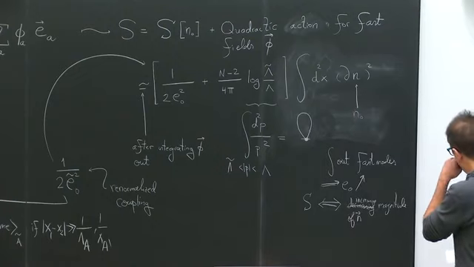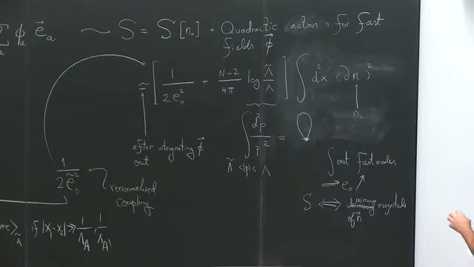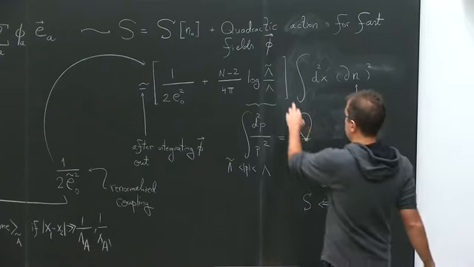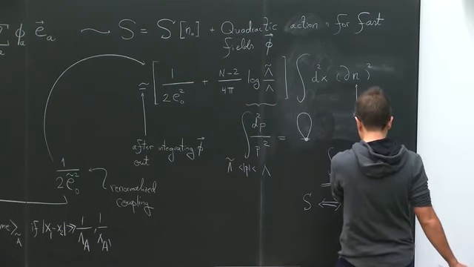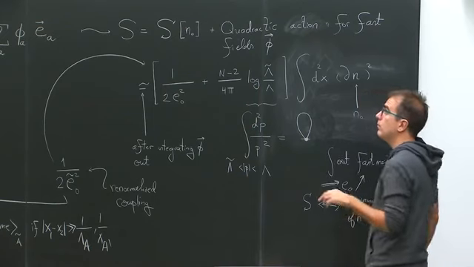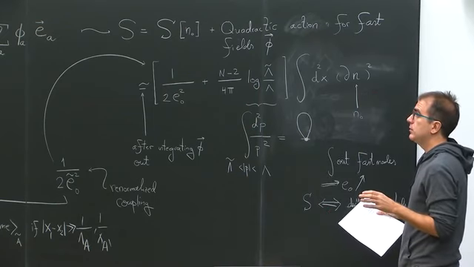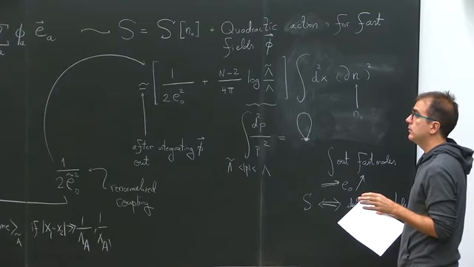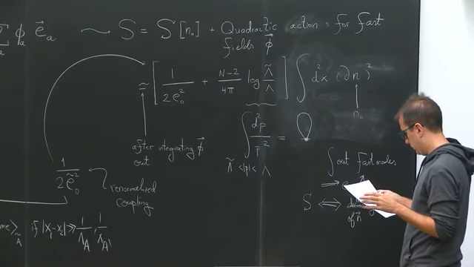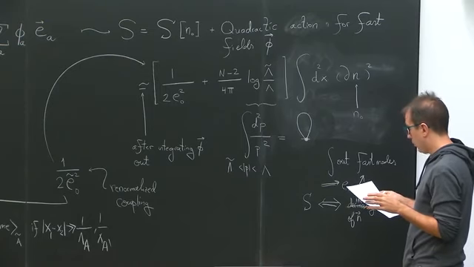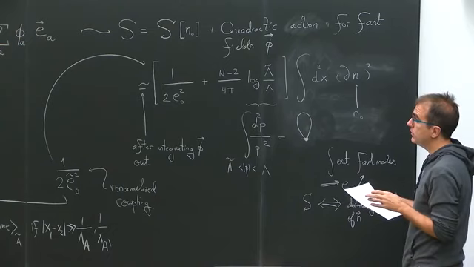Now I'm confused. So we integrate out fast modes. And so this is negative, so this quantity decreases, so the inverse increases. Yeah, so the coupling increases, and I would reach the same thing if the magnitude of n decreases.